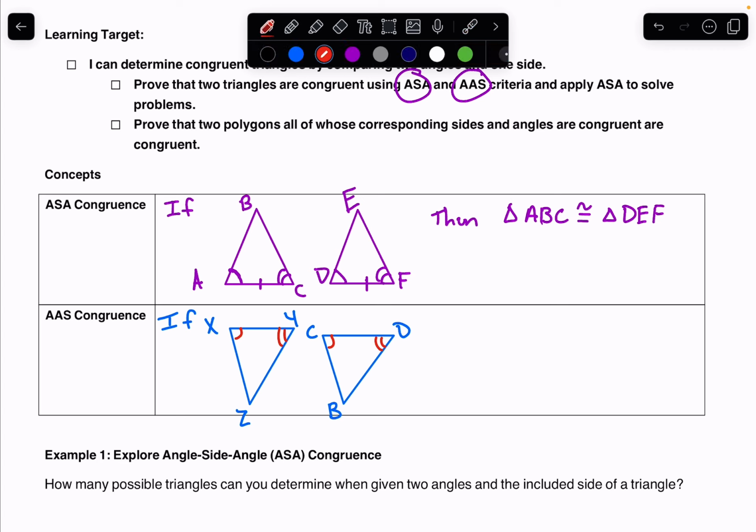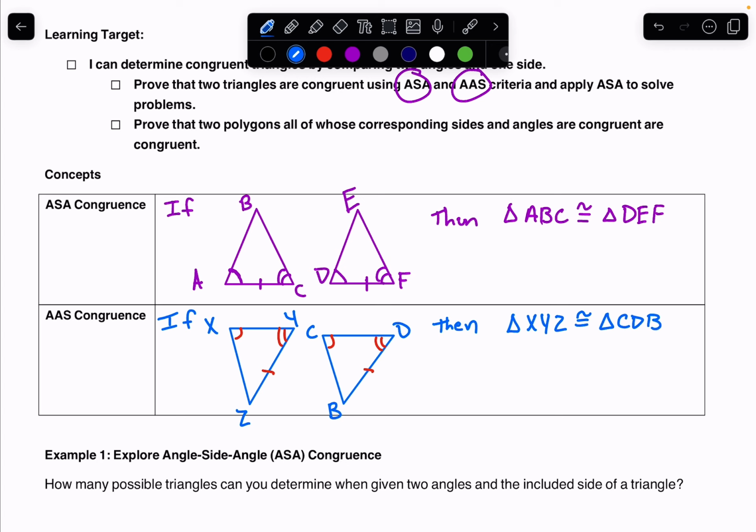Here we'll put YZ and DB, but it could be that other side, as long as it's not the included side between the two angles, which would make it angle-side-angle. But if we know this, we can say then triangle, my first one I'll call XYZ, and if I call that first one XYZ, I'm going to need to call the second one CDB. And I know that those two triangles are congruent.